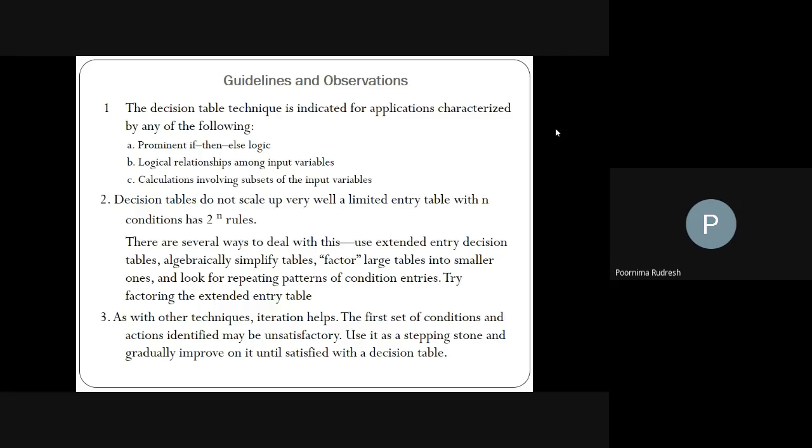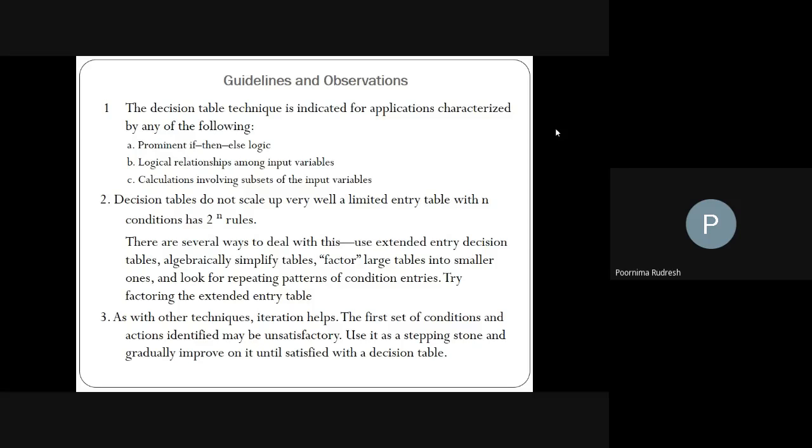The first set of conditions and actions identified may be unsatisfactory, and it is used as a stepping stone for improving on it until we are satisfied with the decision table. So this is about the guidelines and observations for the decision table based technique, and this completes the chapter.